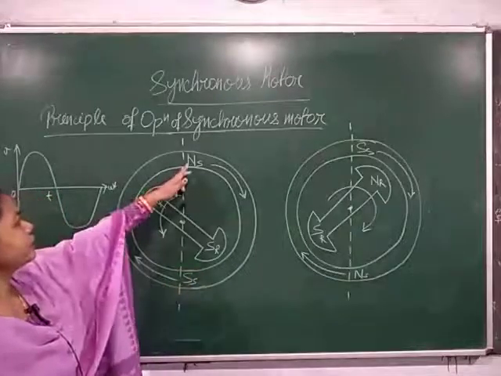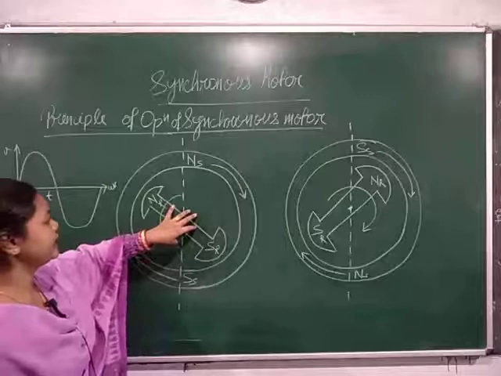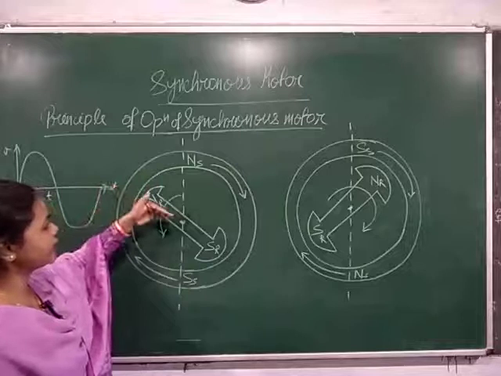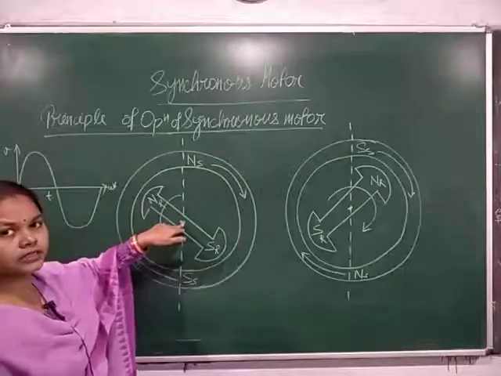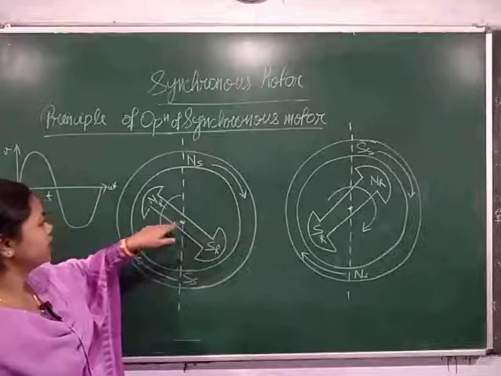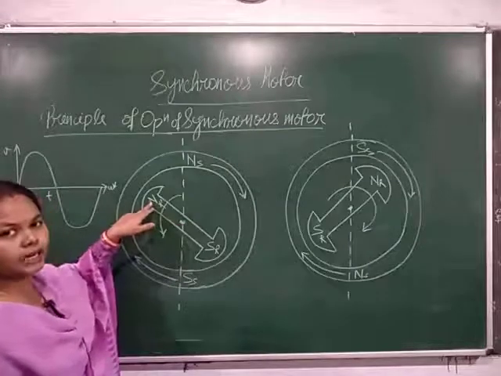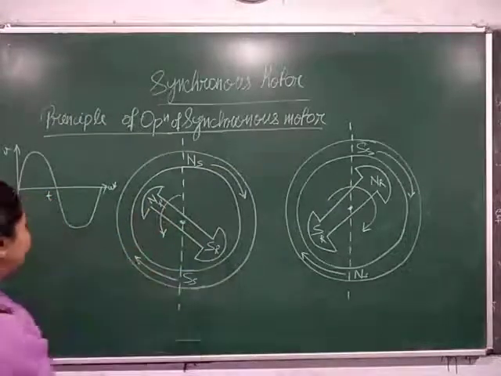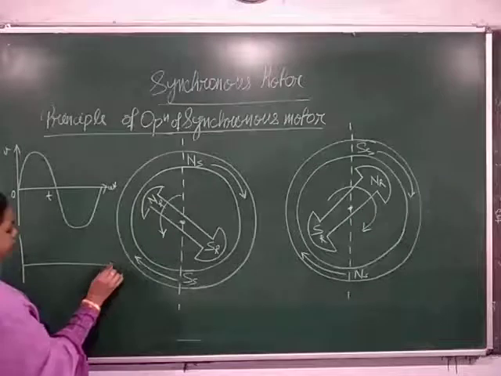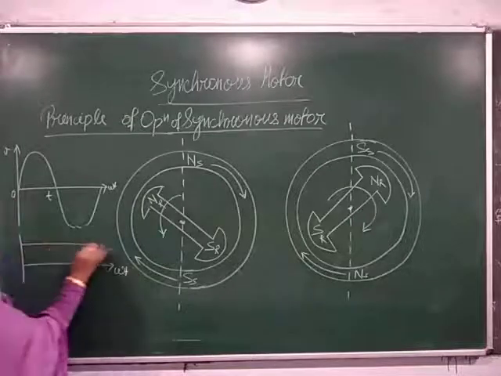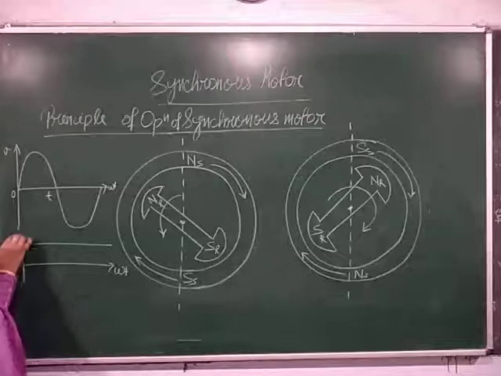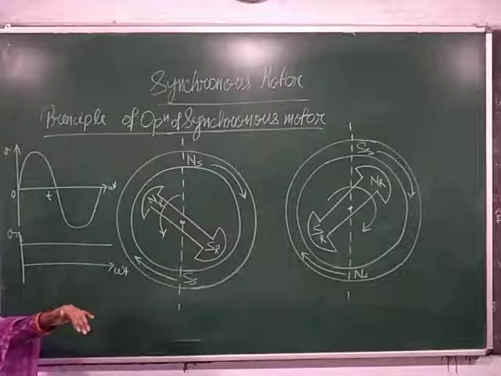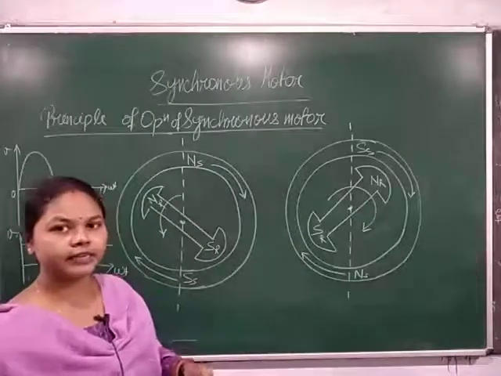Now, at the same time when you give AC supply to the stator winding, if you give DC supply to the rotor winding, then this pole acts as a north pole and this as a south pole. DC supply means with respect to time, the voltage magnitude is constant. It doesn't change alternately, it doesn't change with respect to time. It is constant.